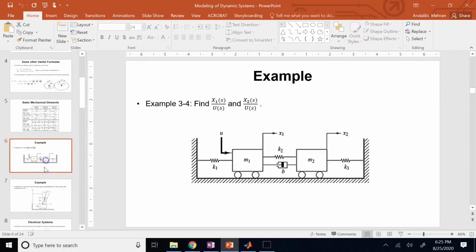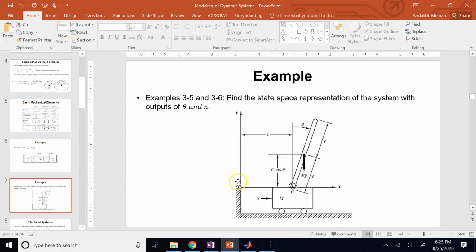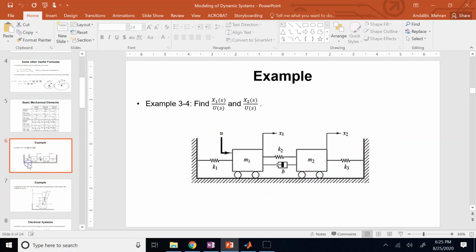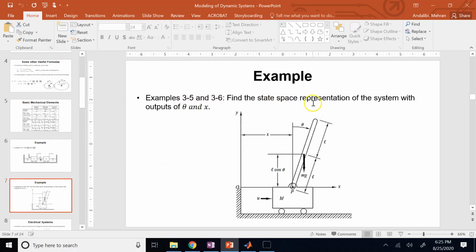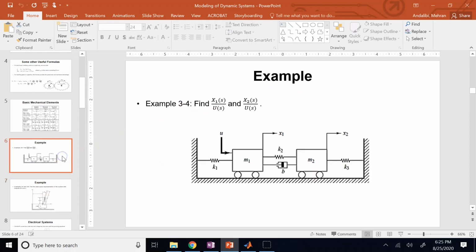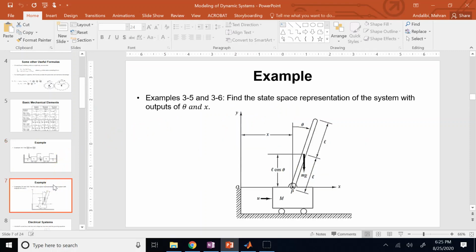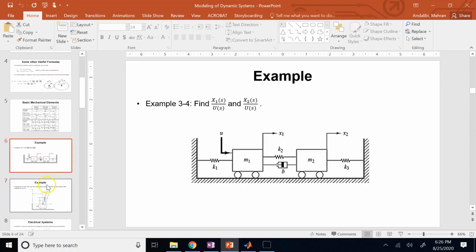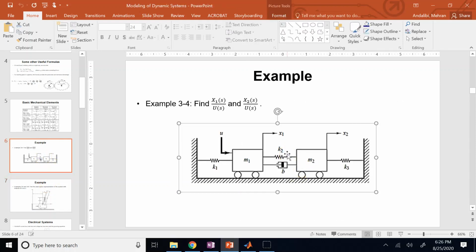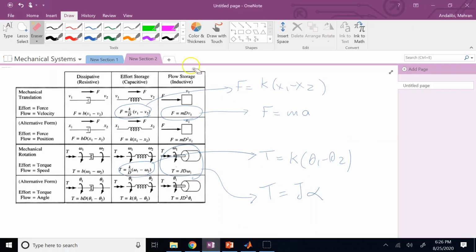So in these examples, we review some dynamic systems for both translation and rotation, and then we apply our new knowledge to find transfer functions and the state space representation of the systems. These are examples 3-4, 3-5 and 3-6. So I'm solving 3 examples from your textbook here in detail, right? So let's start with the first one.